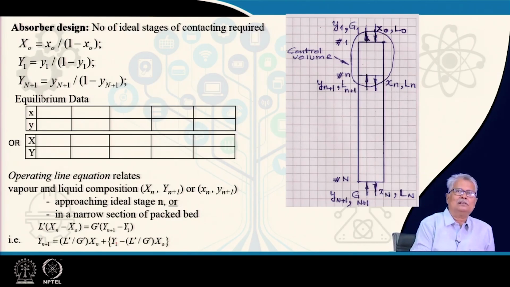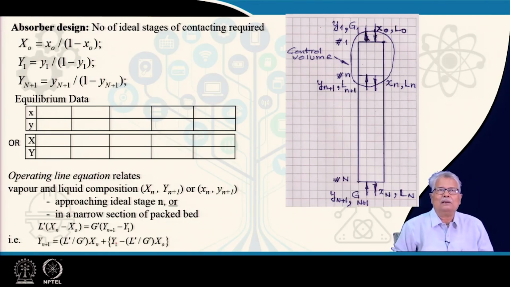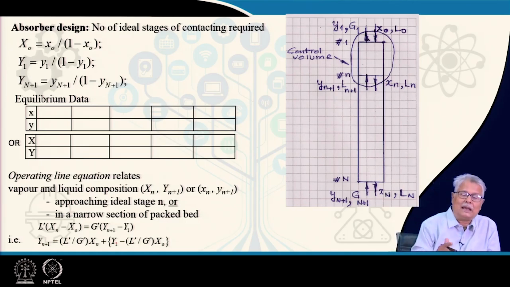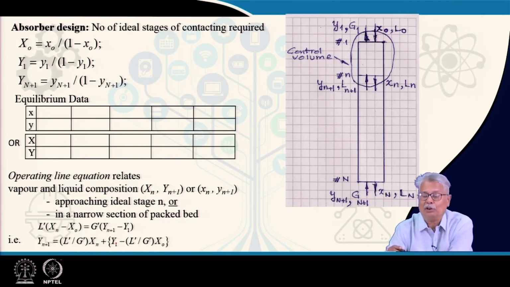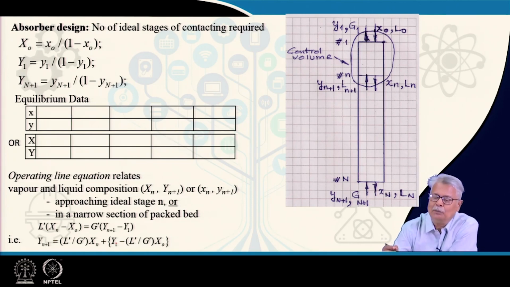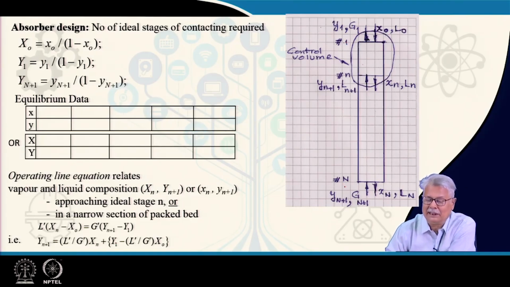We come to the stage of designing now. The number of ideal stages of contacting required is the purpose of the design step. We have drawn the column itself, where the top stage is number 1 and the bottom stage is number capital N. Any general stage is small n.